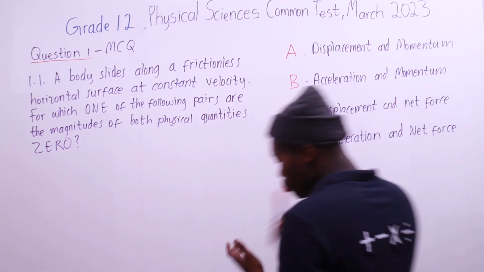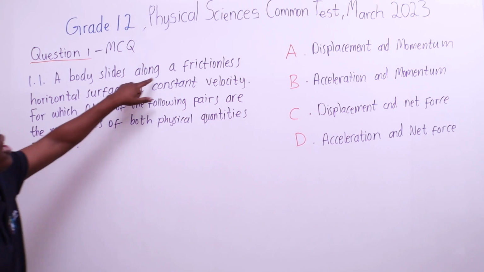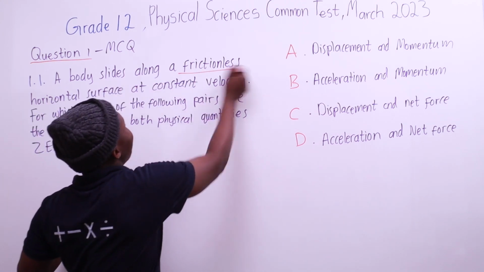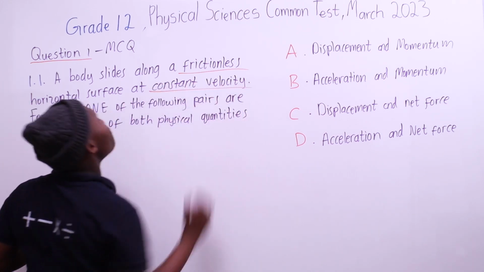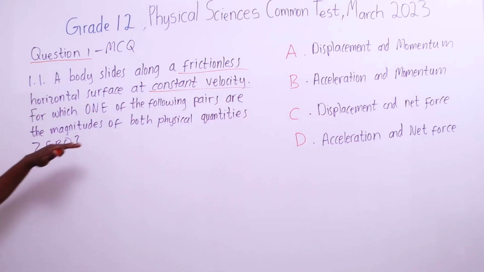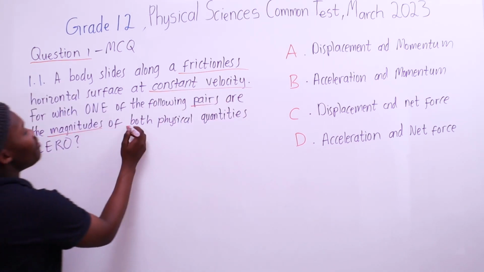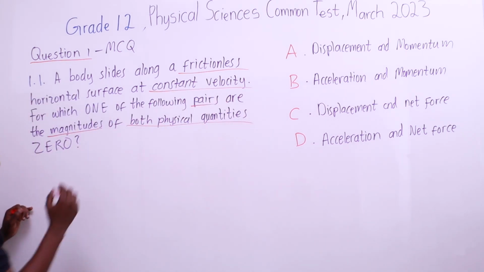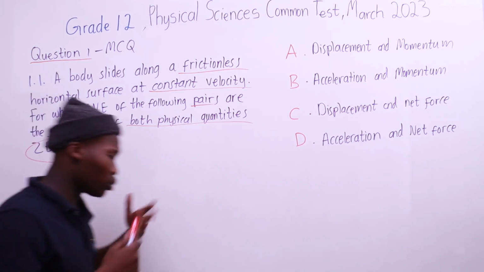Okusho ukuthi asifundeni la eqaleni kuthiwani: a body slides along a frictionless horizontal surface at constant velocity. For which one of the following pairs are the magnitudes of both physical quantities 0? Balekile ku0 yabo. Alright buka. So u-frictionless uqonda ukuthini?